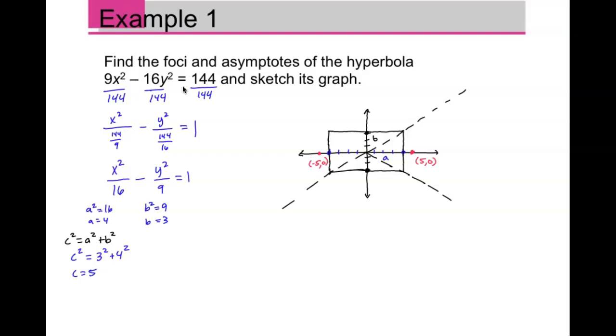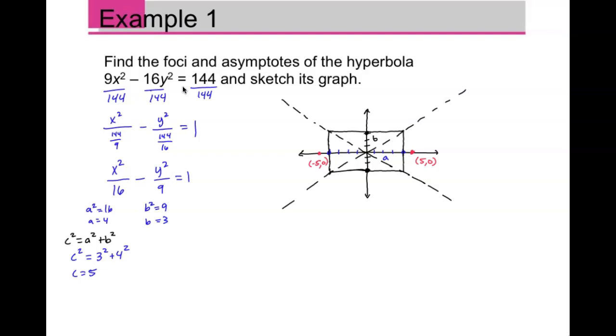So all of this stuff that I've shown right now is imaginary. This box is imaginary. It's not actually part of my graph. It's just we're using it to shape my graph. Other than the vertices. I guess the vertices are part of my graph. But now we can pretty easily come up with the equation of the asymptotes if we needed it, if we were asked for it, right?